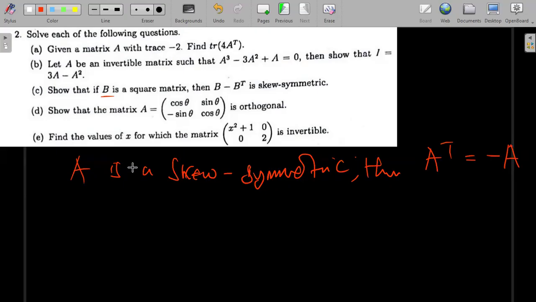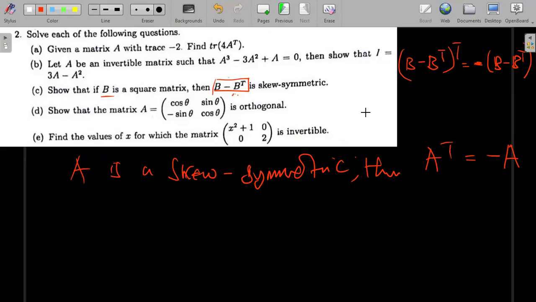So if you want to prove that this guy here is skew symmetric, then we have to show that B minus B transpose, transposed, is the same as minus of B minus B transpose. We have to show this relationship here.